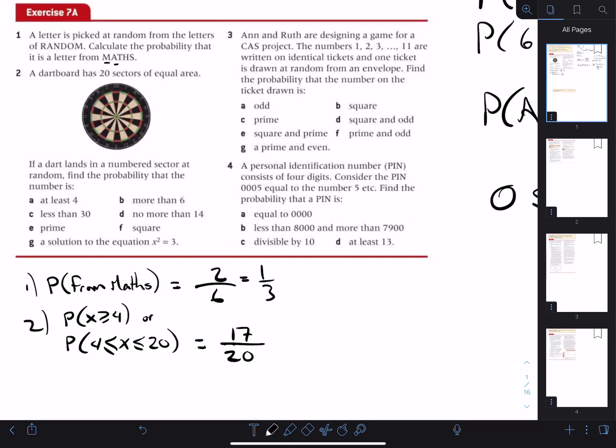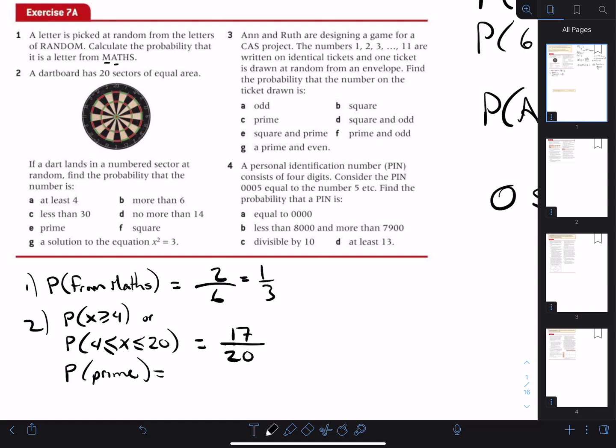I don't know, which one can I do? What's the probability that it's prime? Well, what are the prime numbers? Oh, this is a trick question. I think some of you would make a mistake. Think of them for a little bit. If you counted 1, it actually technically is not considered a prime number.